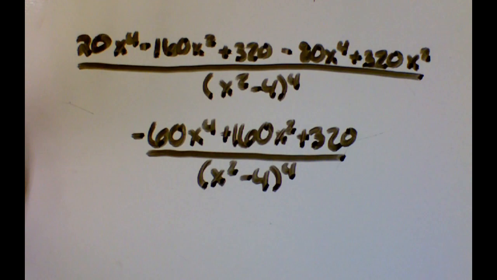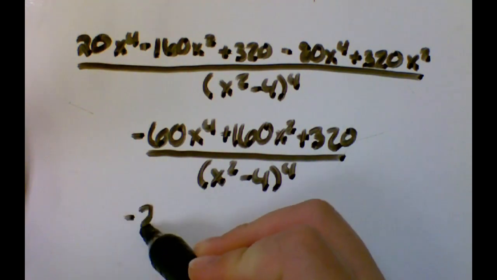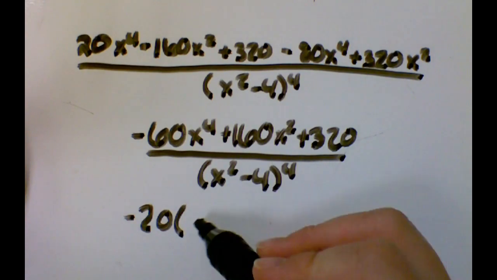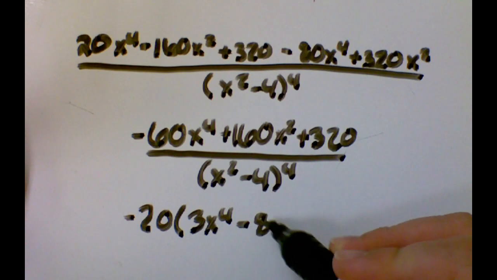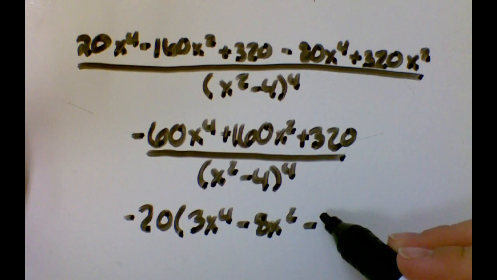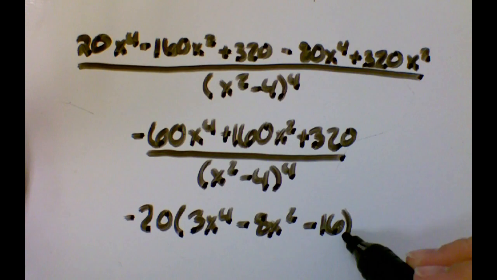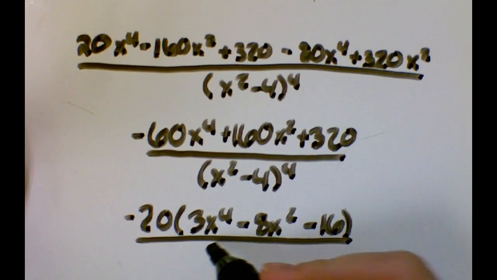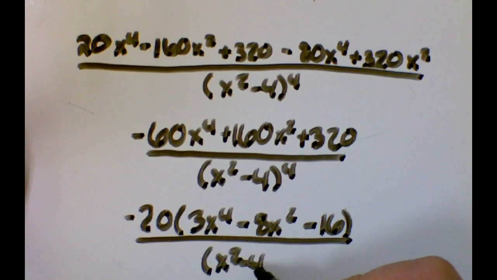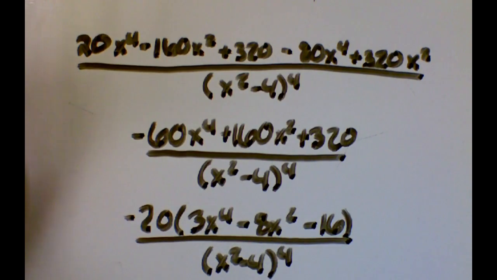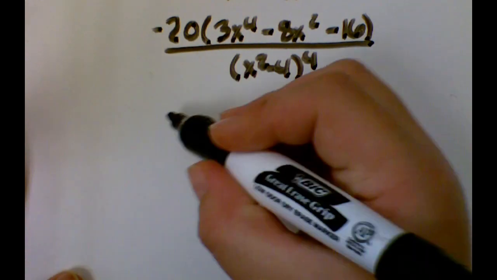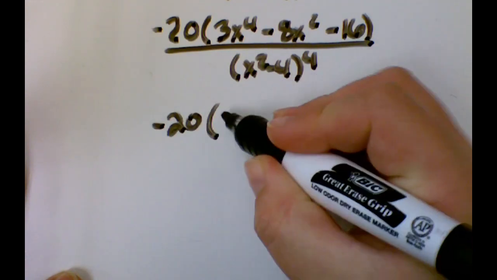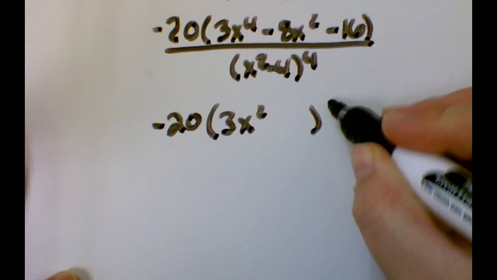And then I think I can factor that numerator. I'm going to take out a GCF of negative 20, which leaves me 3x to the fourth minus 8x squared minus 16. And my denominator is still hanging out. Let's factor that numerator further. Negative 20, we'll do 3x squared and x squared.